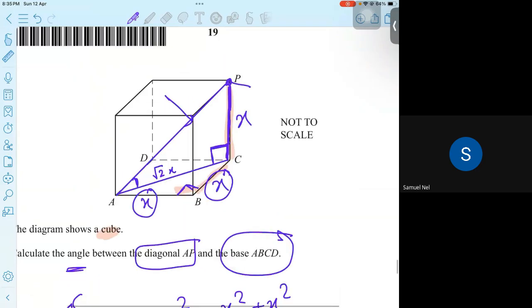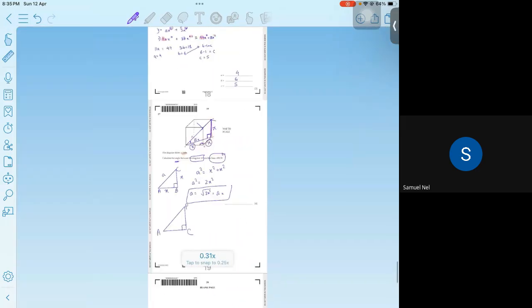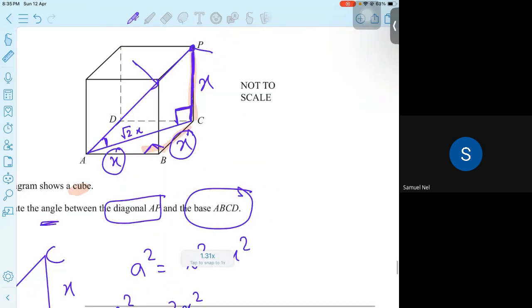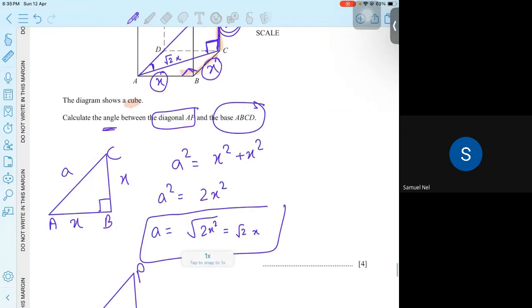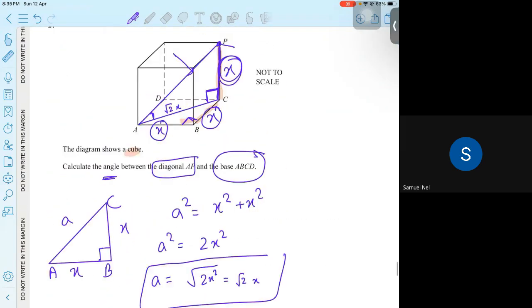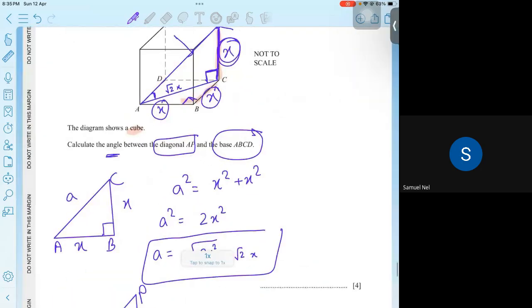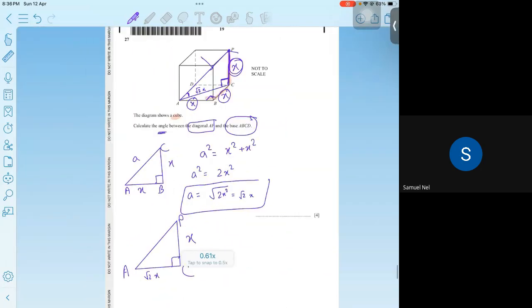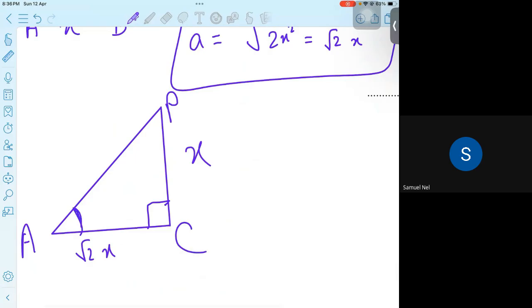If this is the right angle triangle, then I get this exact triangle. Are you okay with this? Okay. So this height is x. I knew this, this is x of PC. I just found out AC, so AC has to be root 2 x. And now I have to find this angle, right?